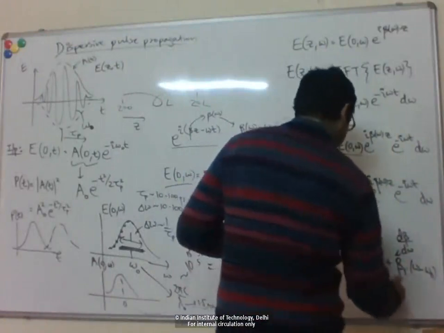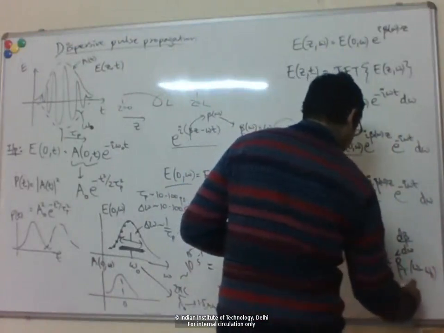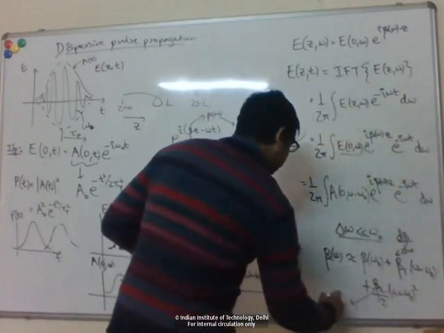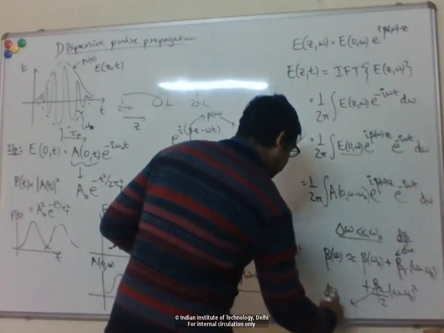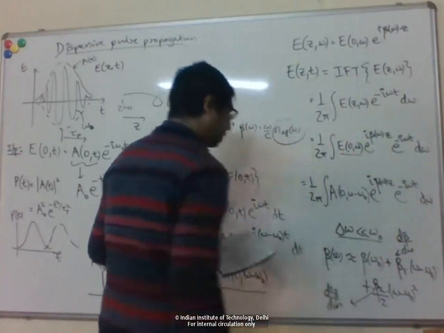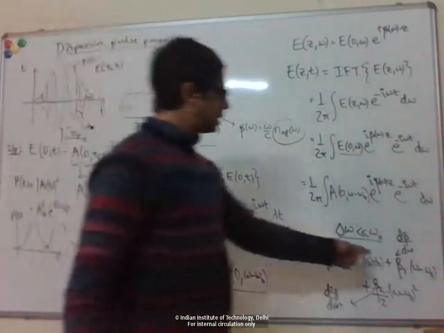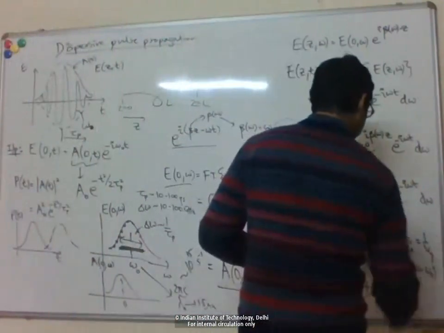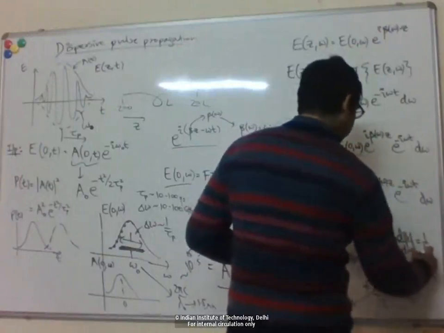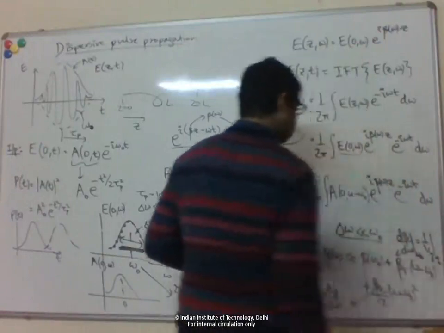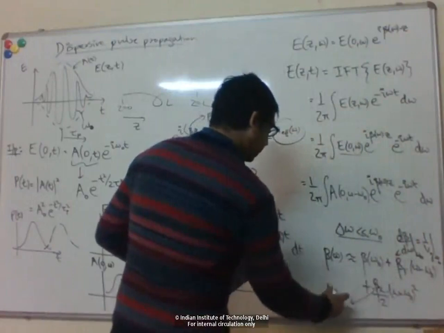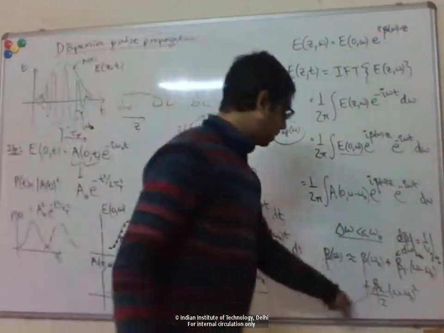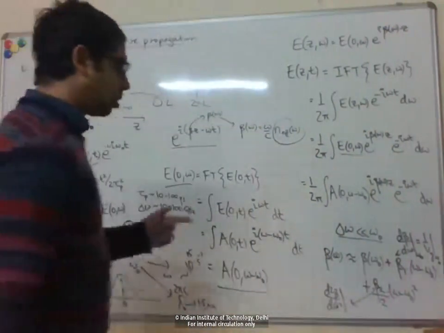There will be a second order term, beta 2 times omega minus omega naught squared, right? Beta 2 is again the second derivative of beta with respect to omega, right? So beta 1 is 1 over the group velocity at omega naught. And this is basically beta 2, the GVD coefficient at omega naught.